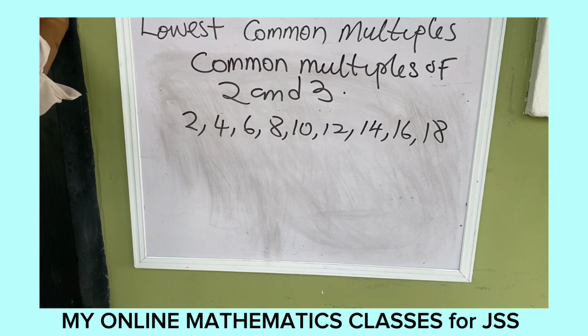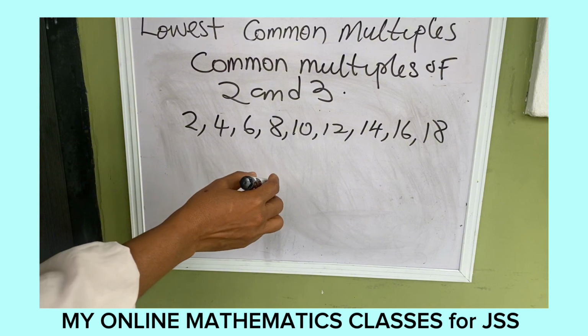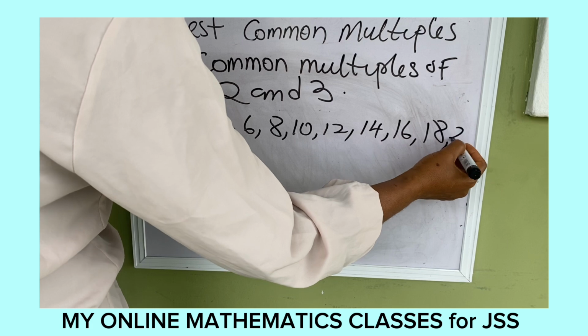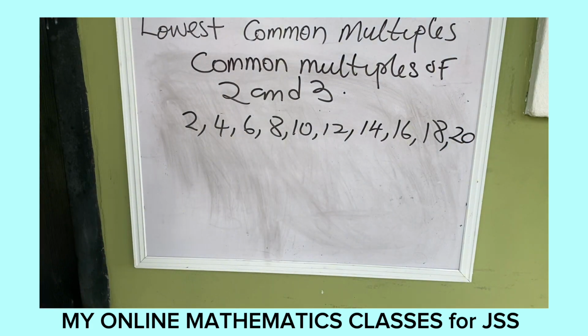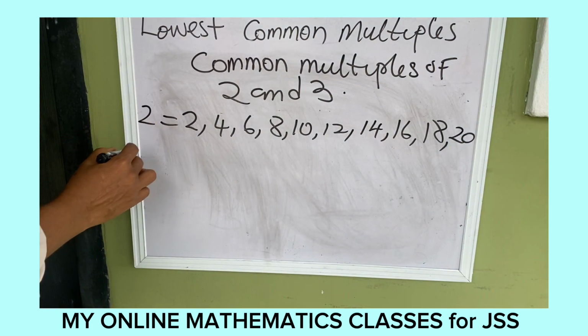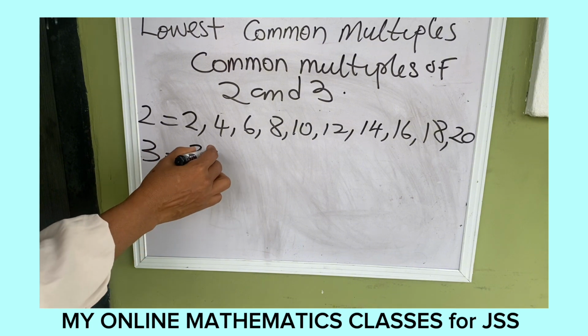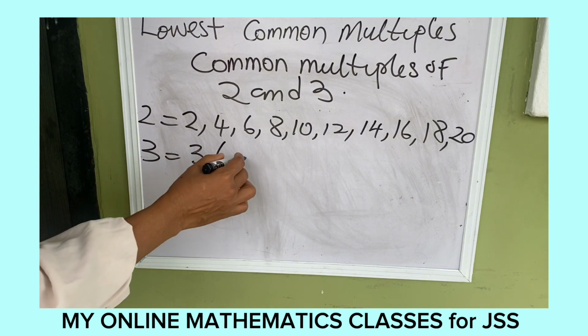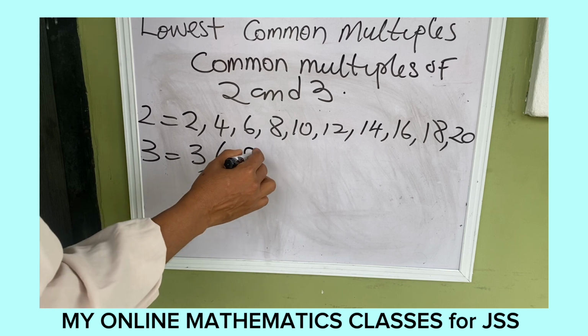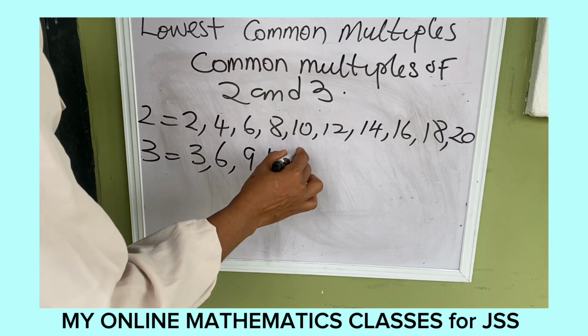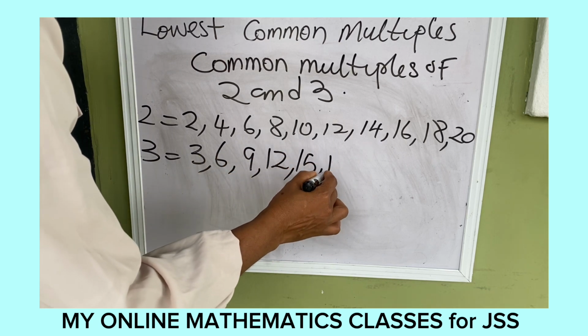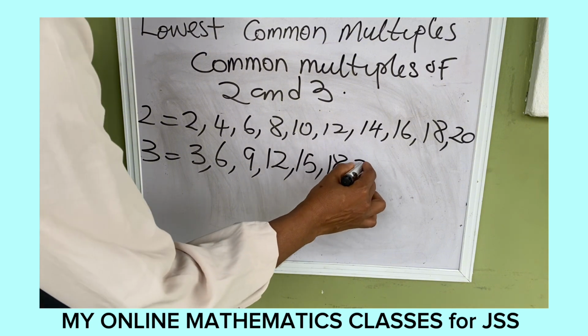So when we say common multiples of 2 and 3, we are talking about the multiples of 2 that are also multiples of 3. That is, the result you will get from using 2 to multiply and the result you will get from using 3 to multiply that are the same. That's what we mean by common multiples.